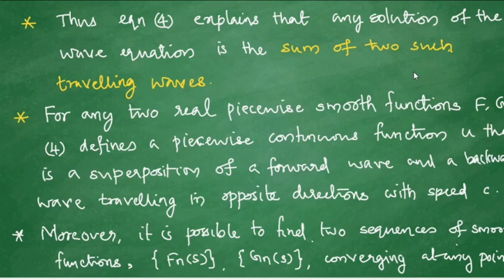So equation 4 defines a piecewise continuous function u, that is a superposition of a forward wave and a backward wave traveling in opposite directions with speed c.